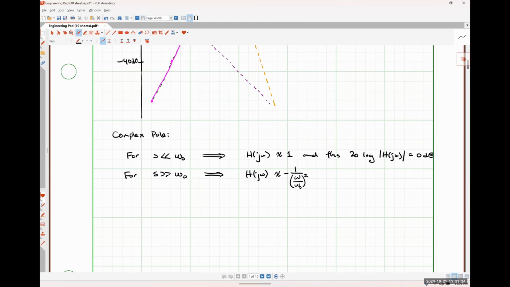So this is why it's specifically looking like a twice repeated thing. 20 log of H of j omega has a slope of negative 40 dB per decade because it's twice repeated. The correction only occurs in the region where omega or S is very, very close to omega naught.